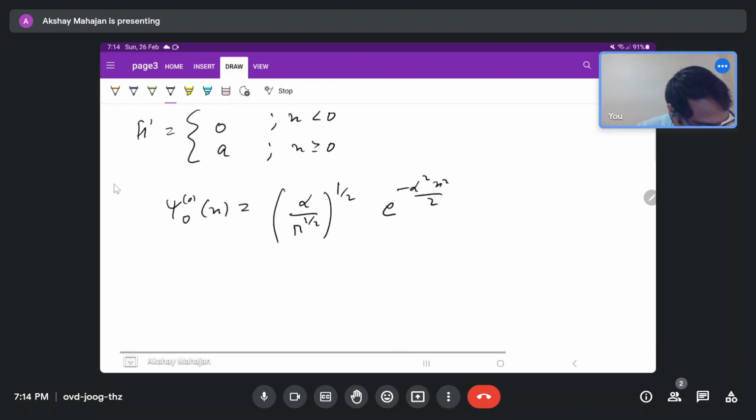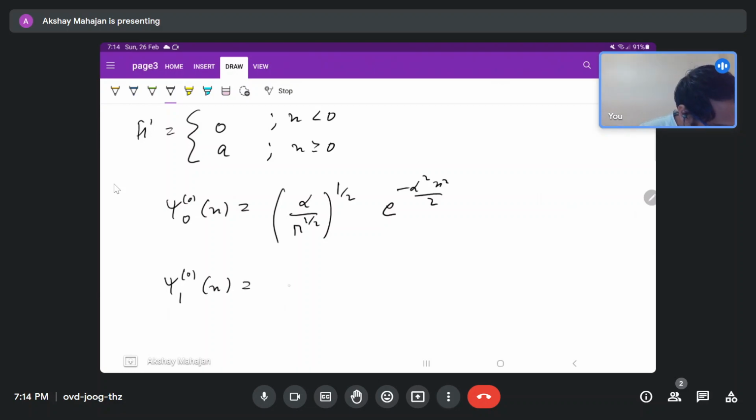And psi 1 of the 0th order is given by (2 alpha cubed upon pi) to the power 1/2, whole to the power 1/2, x times e to the power minus alpha square x square by 2.